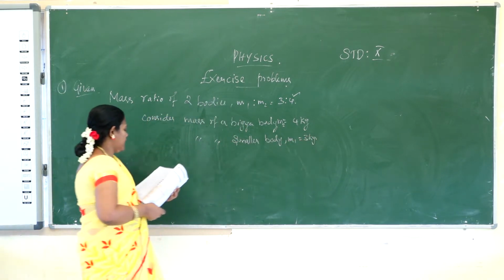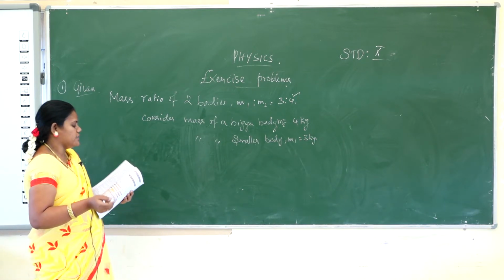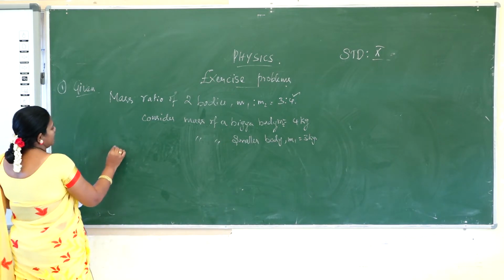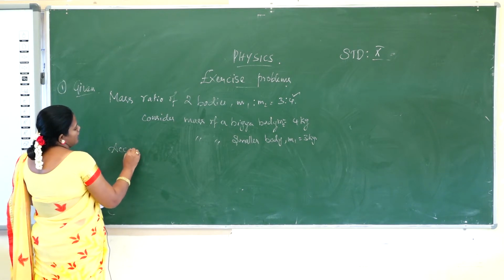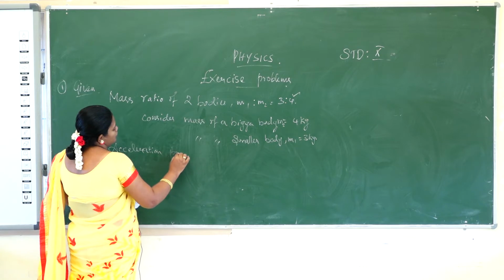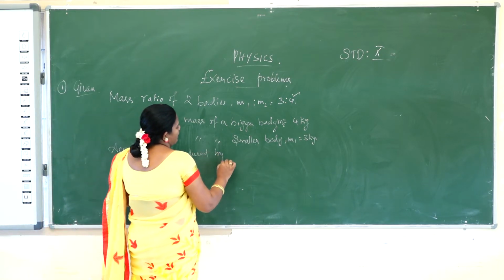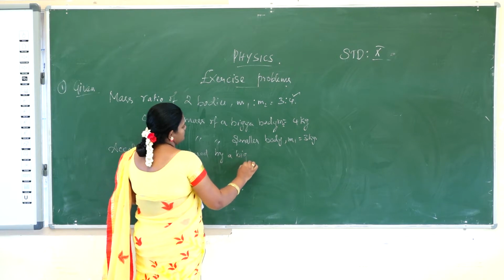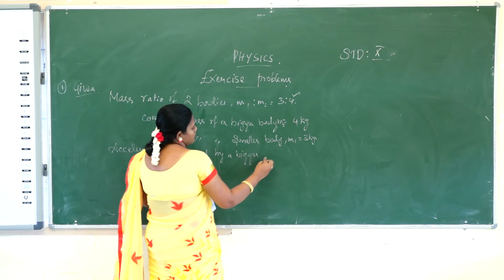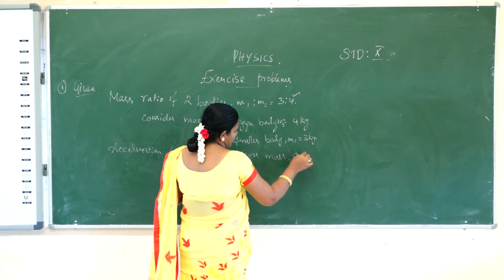Okay. Then what is the next given value? The acceleration is produced by the bigger mass, that is a2, as the bigger mass is m2.